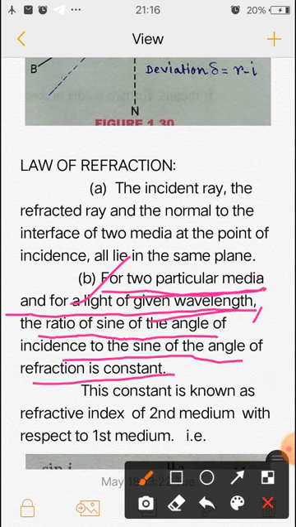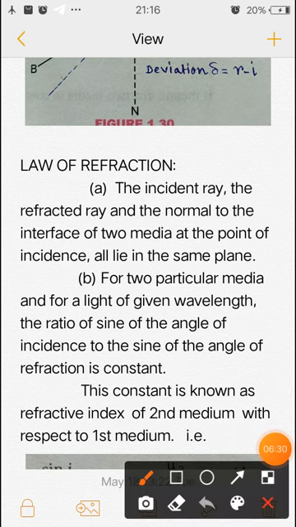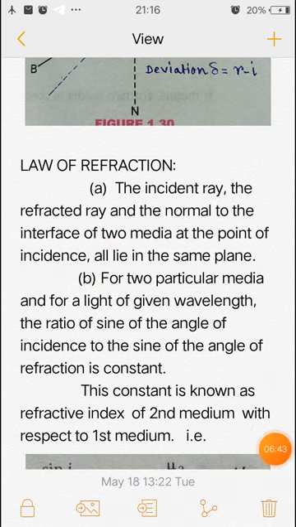So what is sine and what is cosine? You have to learn from your math teacher. This is a trigonometric function.